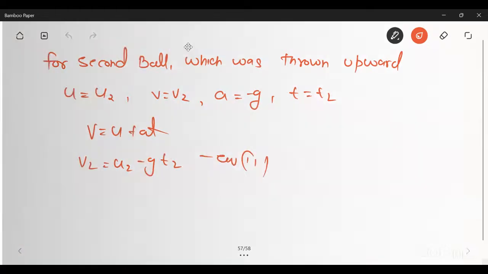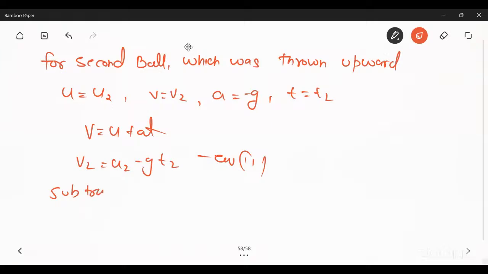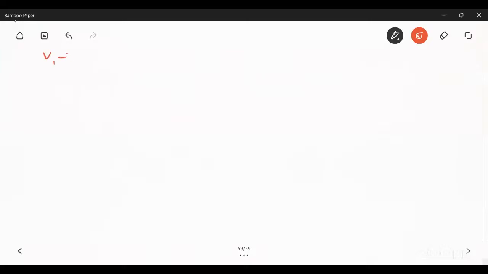Now subtract equation first from equation second. So V1 minus V2 is equal to U1 minus U2 plus G into T1 minus T2.